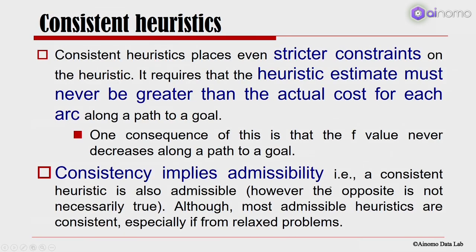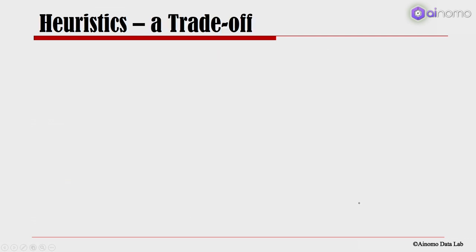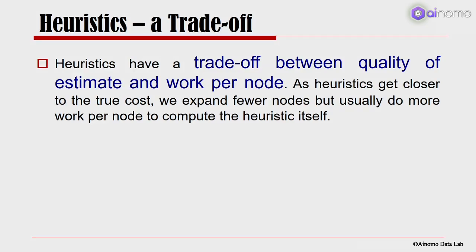So let us look back on what we said about consistent heuristics, that it puts stricter constraints, no doubt, but once we have that consistent heuristic, the f value never decreases along a path to the goal. Finally, we want to take two notes. A heuristic is actually a trade-off between quality of estimate and work per node.